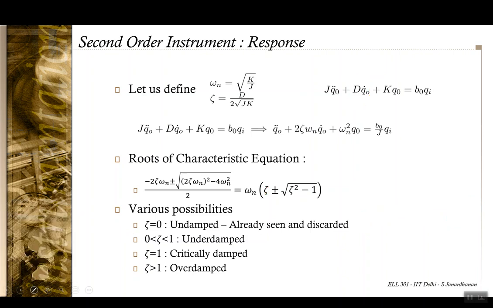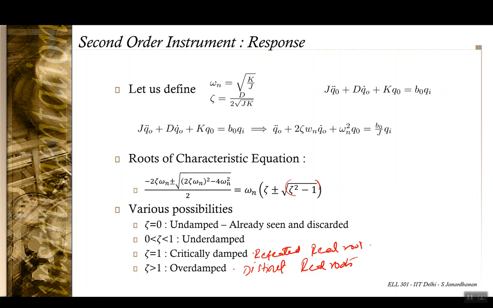So the next one is the overdamped case. When zeta is greater than 1, then you have two distinct real roots. When zeta is equal to 1, then this part goes off, so you have two repeated real roots.